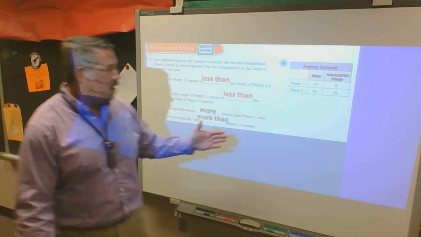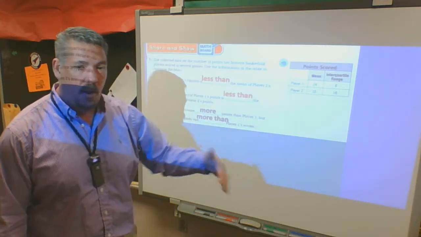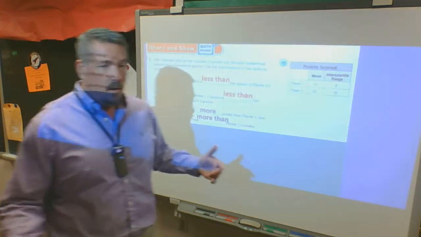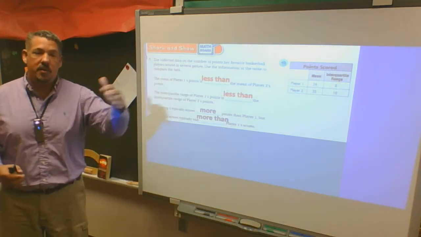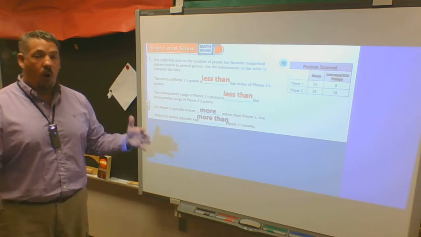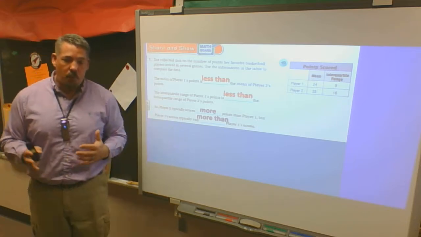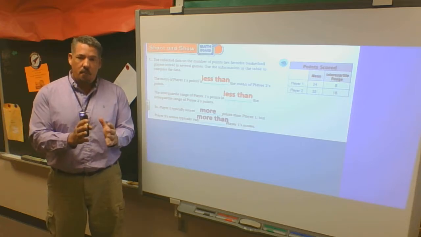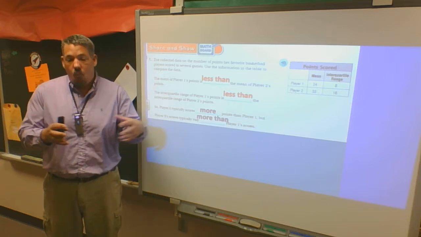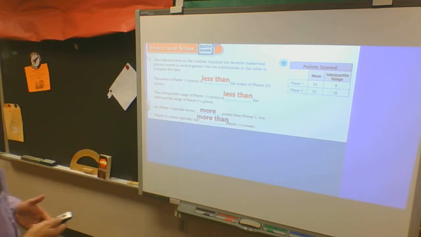So maybe they score consistently 4 points per game, and they're scoring, maybe 1 here and maybe 6 here and maybe 7 there, but 0 there, and it becomes a very wide range of who is more dependable. So when I talk about box plots, the closer it is on the information, the more dependable it is. The wider that information, the less dependable it's going to be.